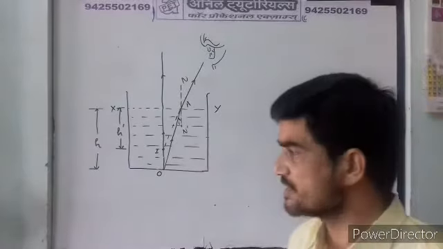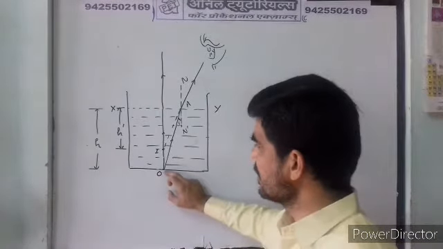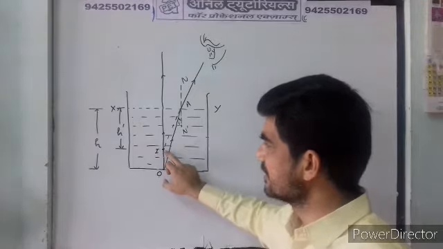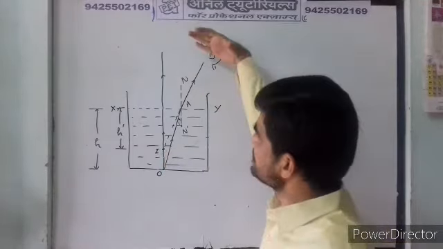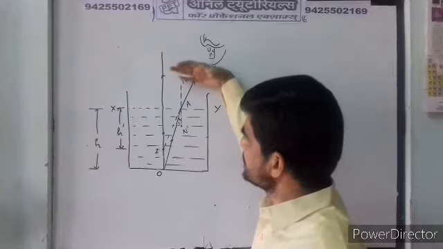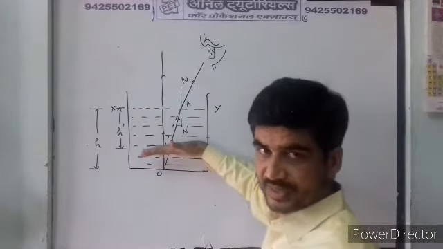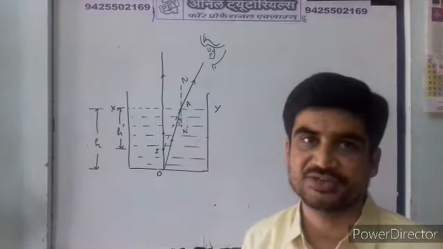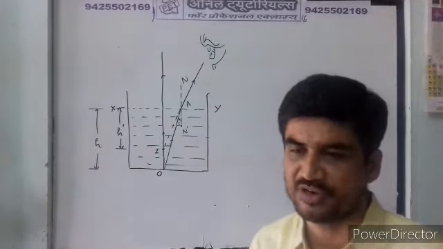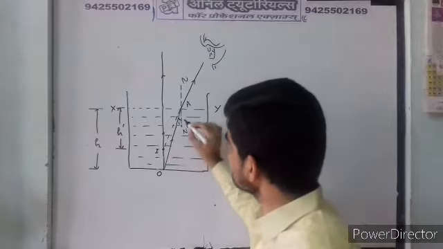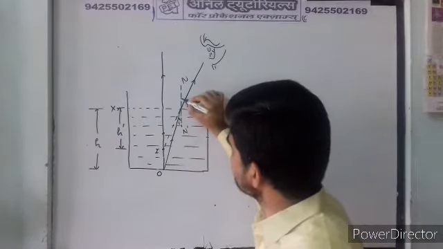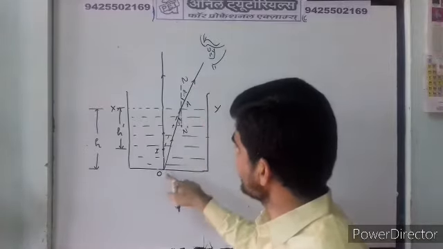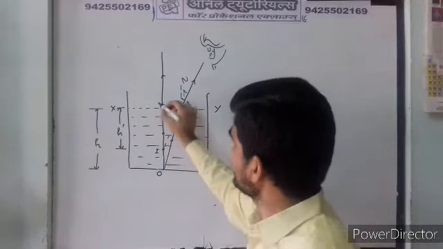So the object is situated at O, and its image is observed at point I. When you observe from this side, it appears to be somewhere here. Its apparent depth is smaller than the actual depth. So how much smaller? Say this is the angle i and this is the angle of refraction, angle r. Say we have a triangle OAB.